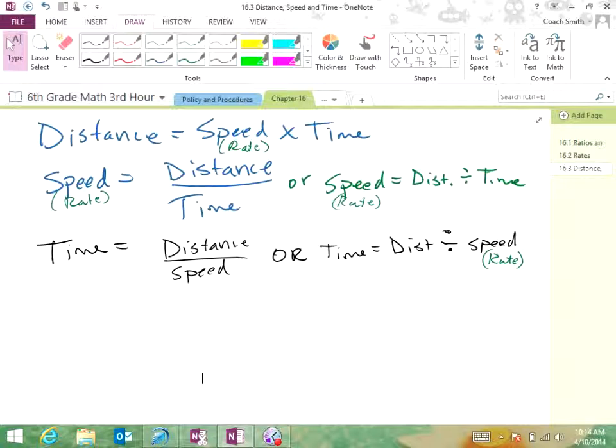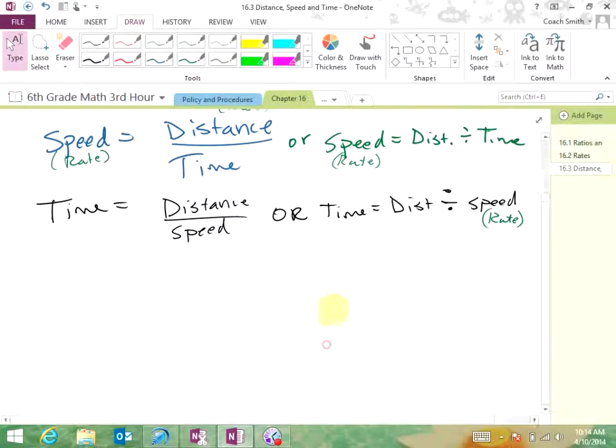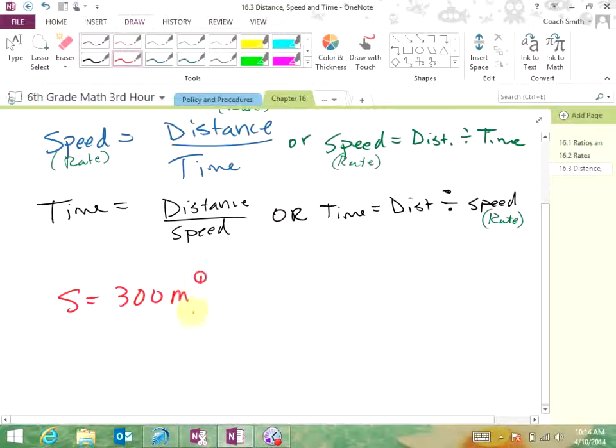Now, let's look at one where we're trying to find the distance. We sort of looked at one already, but let's look at one that's actually from the work. The way they're going to set your problems up tonight is they're going to say my speed is equal to 300 miles per hour, my D is equal to a box, and my time is equal to 6 hours.